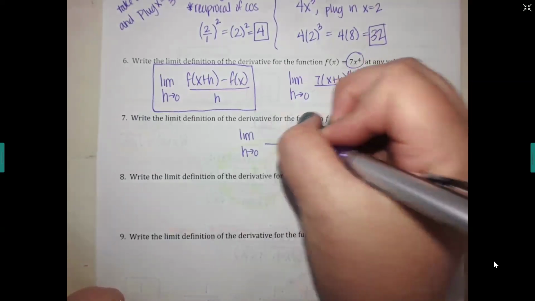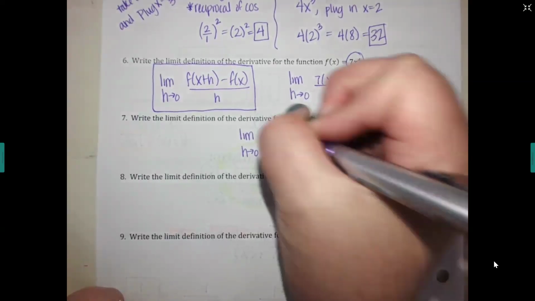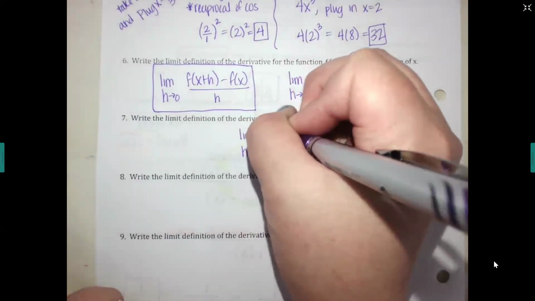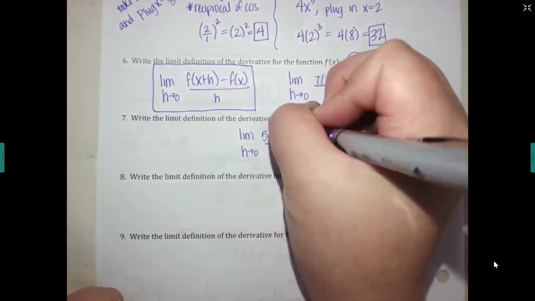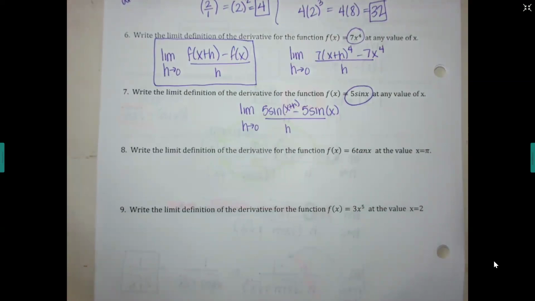It needs to come after, and the one before is going to sneak a little h in with it. So it'd be 5 sine of (x plus h) minus 5 sine of regular x. But remember, whatever your f of x is comes behind the minus, and what goes in front of the minus should be the little h buddy snuck in. Okay. Good?